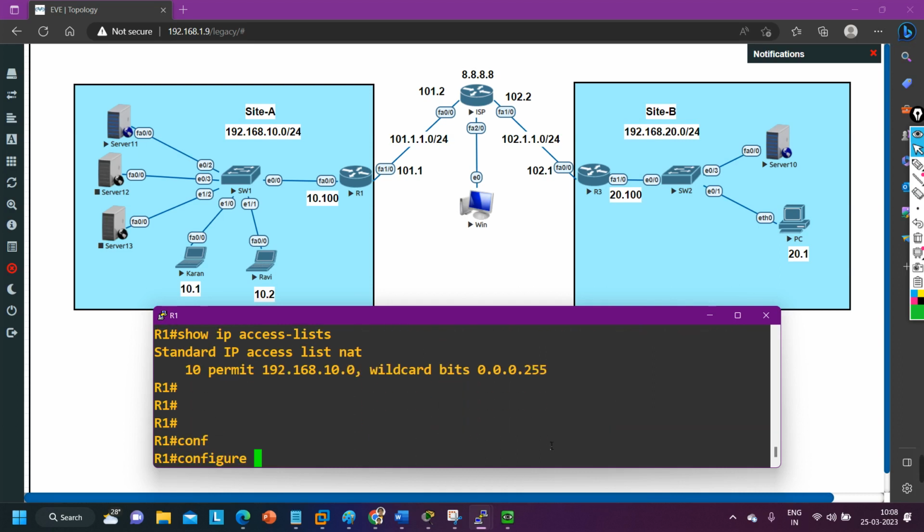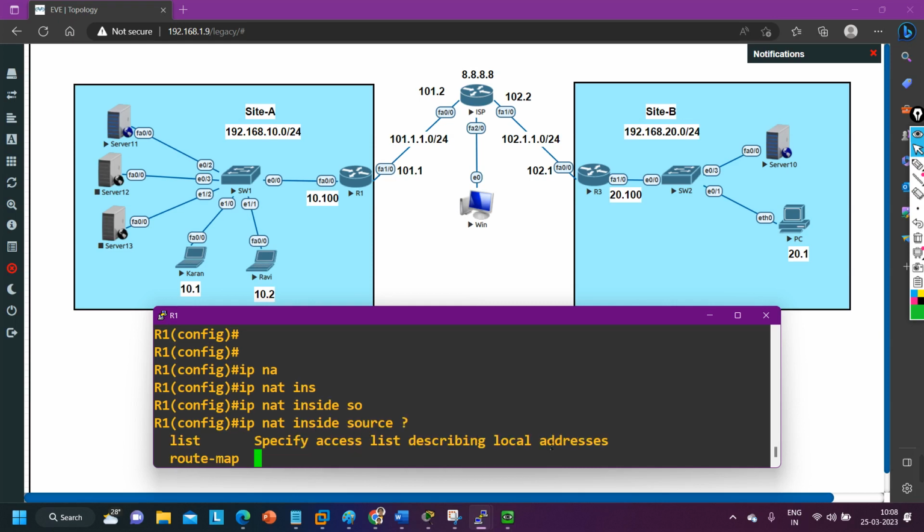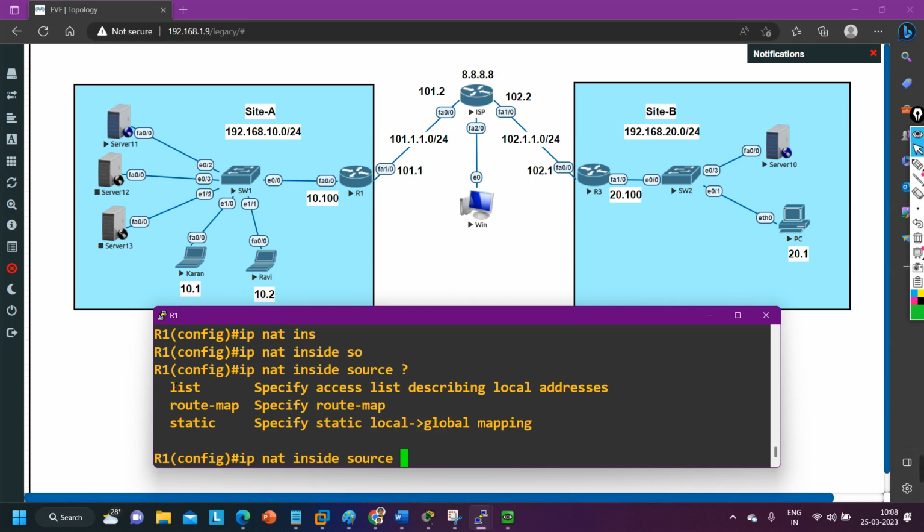Now I am going to configure dynamic NAT. So ip nat, after that inside and source, and this time the source is from a list. So I am going to say you need to match the source from the list.